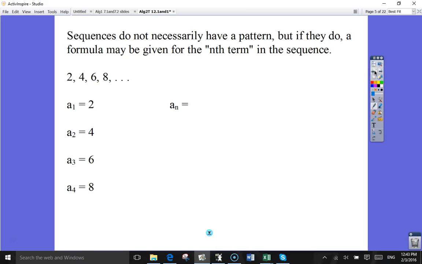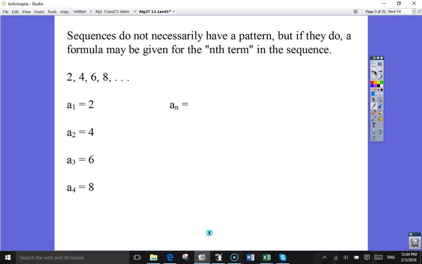Sequences don't have to have a pattern. But if they do, then you should be able to come up with a formula that describes the pattern. In this infinite sequence, 2, 4, 6, 8, dot, dot, dot, a1 is 2, a2 is 4, a3 is 6, a4 is 8. What do you think a5 is going to be? 10.